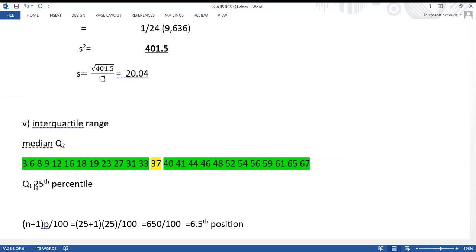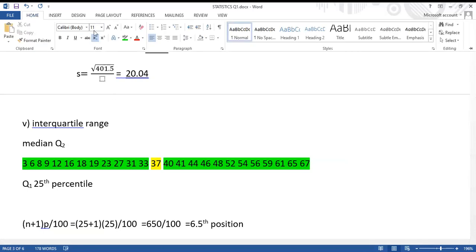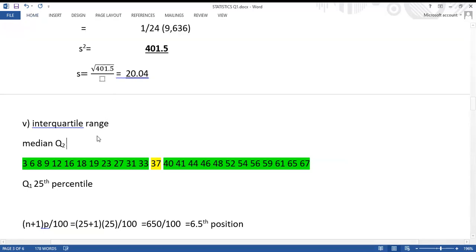To locate the position of the lower quartile, you can use percentiles. Percentiles will enable you to locate the position of these quartiles. Remember, Q2 we located with the 50th percentile, and Q1 we're locating with the 25th percentile. Have you seen this formula I've used here?